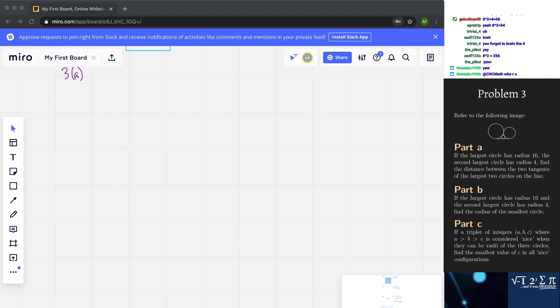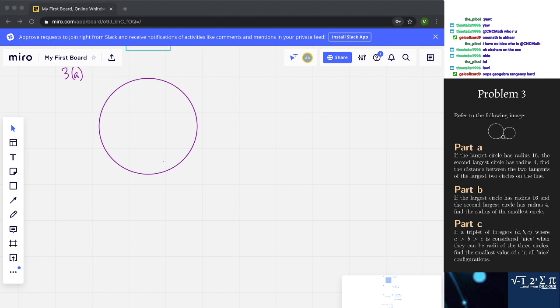So part A seems like the biggest troll of the century, but I am not so sure about how big of a troll it is. So let's see. We have a circle and another circle, and they're not supposed to intersect.